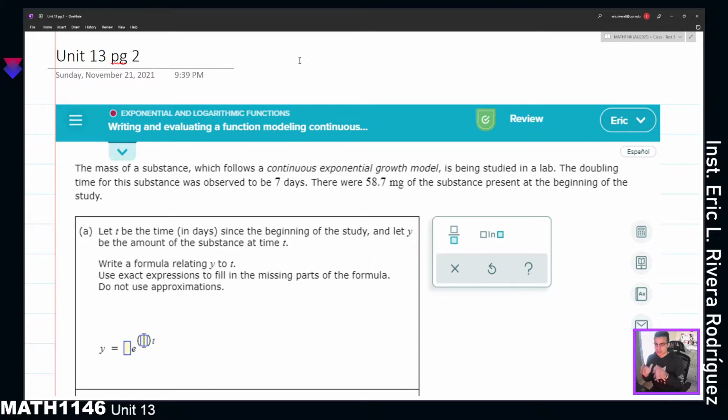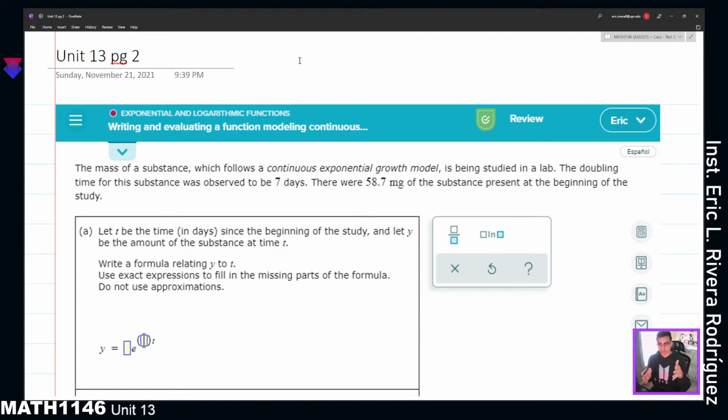Here we are going to have more straightforward mathematical problems, but the most difficult part from unit 13 is to know how to read the word problems, how to interpret them, and based on them how to collect the data that they are giving us and in which scenario we are working.